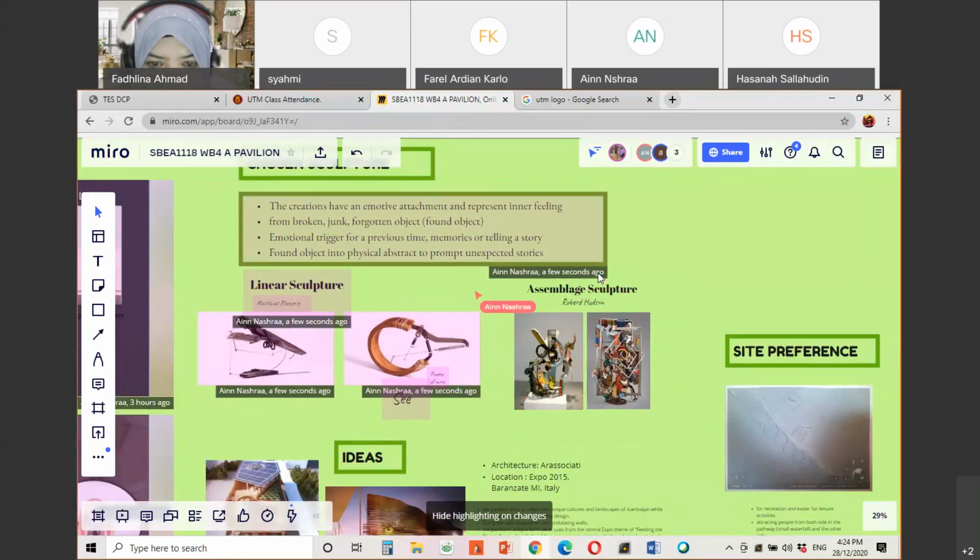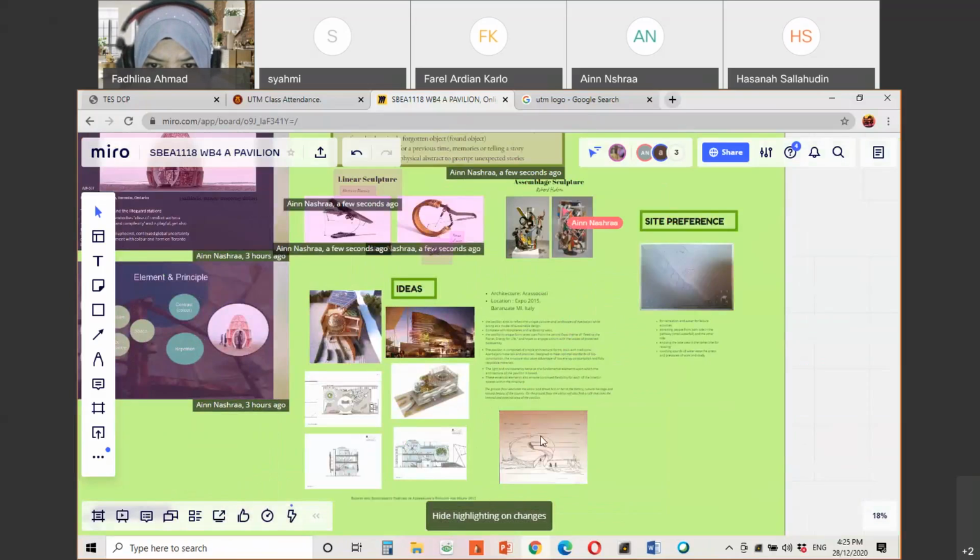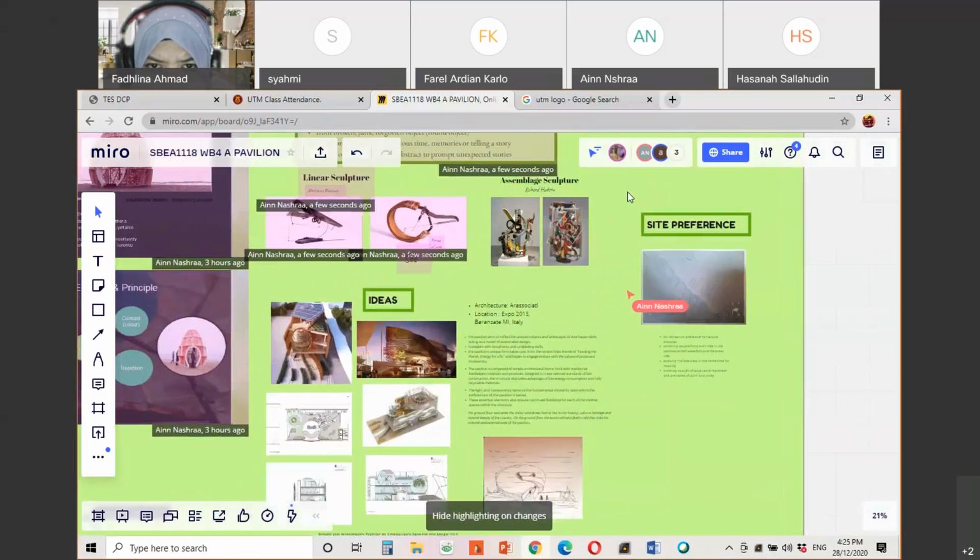The emotional trigger is for previous times, memories, or telling a story in this sculpture. And these found objects are created into physical abstracts to prompt unexpected stories. So these are the 4 sculptures that I choose to put in my pavilion. Actually, I have more, but I only want to choose 4.